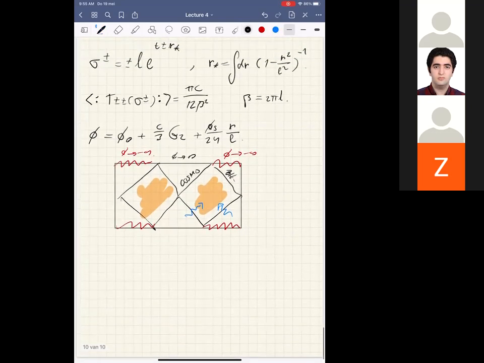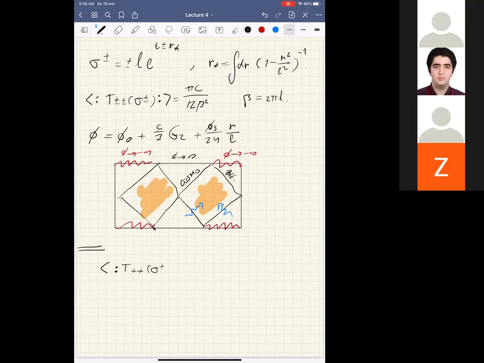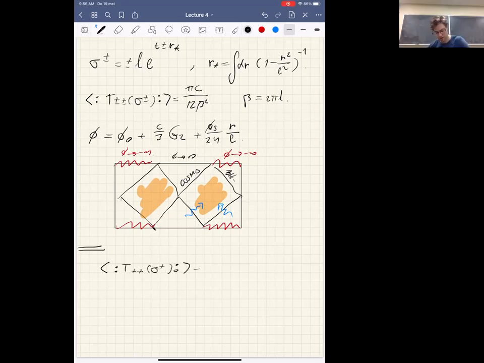So we can try to look for a new solution for the dilaton, with a slightly different stress tensor. Now what we'll impose is that this component of the stress tensor is 0, and the other component still takes its thermal value. Oops, that should be thermal, so that should be pi c over 12 beta squared.